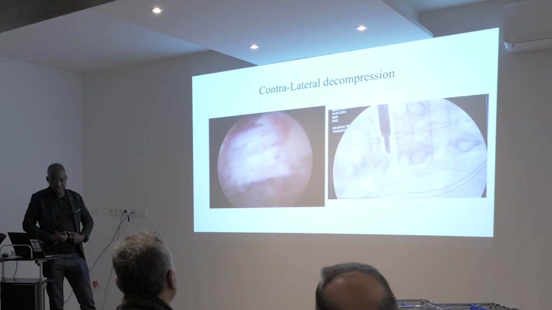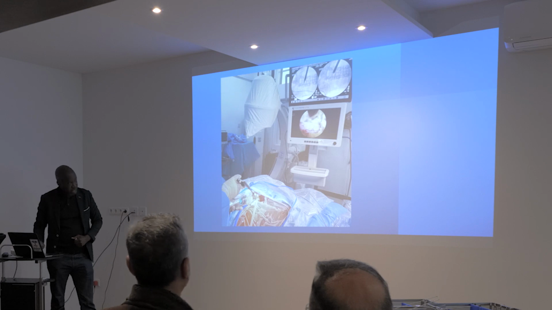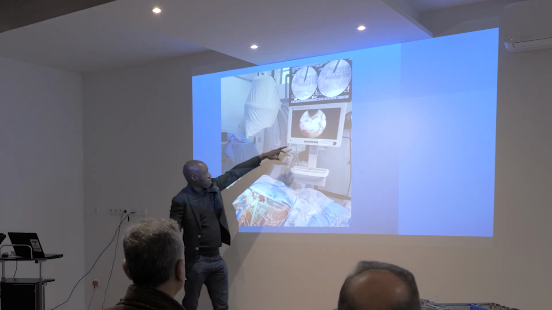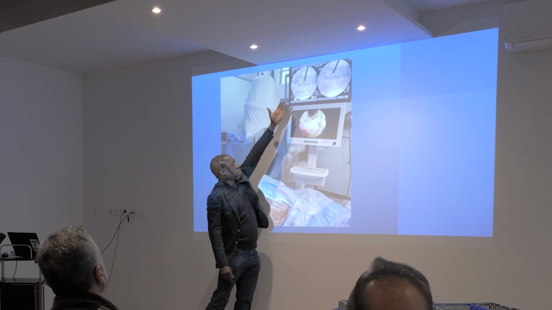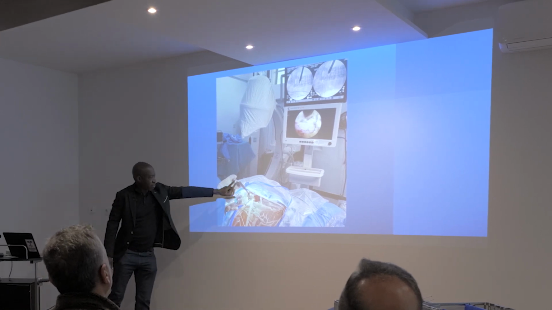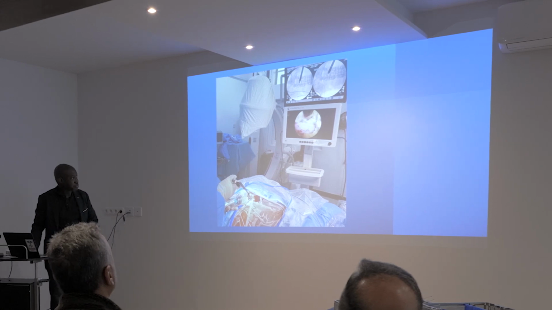In case of stenosis, you can decompress this side and then go into the other side. As we can see here, we started from this side. This is the dura, and we were decompressing the opposite side with our endoscopic set.